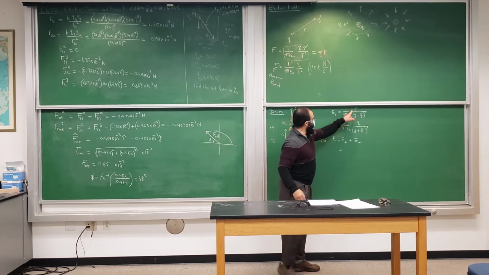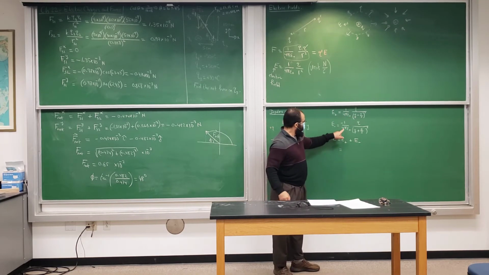So you would have this. See, both of them have Q over 4 pi epsilon naught, so I'm going to factor that out.